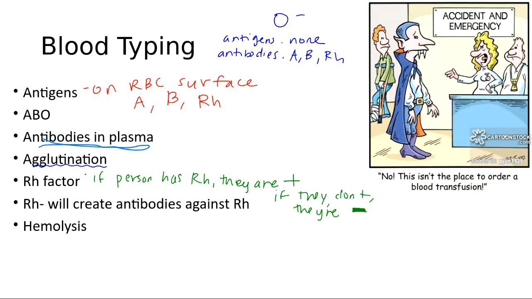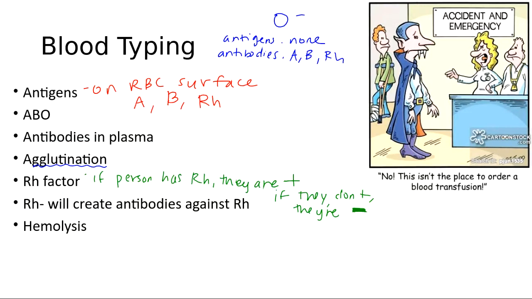We've already said that Rh factor is a protein, and if a person has Rh, they're positive. If they don't have Rh, then they're negative. They have a negative blood type. If you have Rh negative blood, then you would make antibodies against the Rh factor. All right, so think about that.